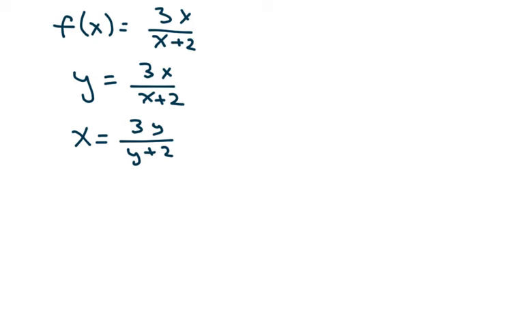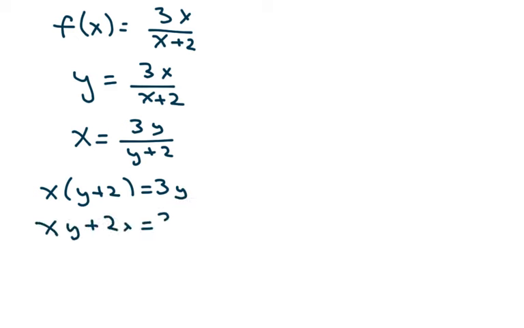So we're going to cross multiply. We're going to distribute. And solve for y. So in this case, what I'm going to do is keep my y's together. So I'll get 2x equals 3y minus xy. And, sorry, this is y.